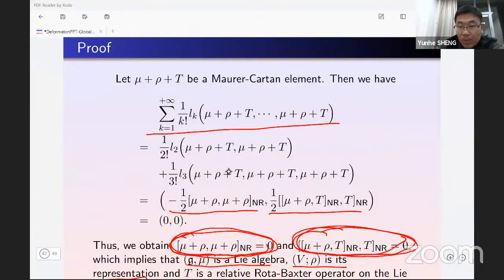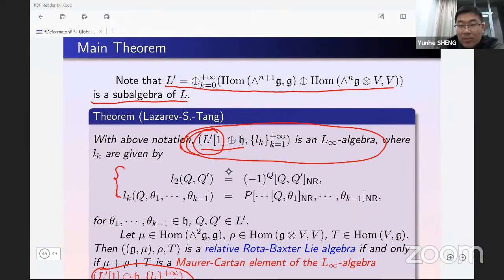So here you can see H, this space is Hom from wedge n plus 1 V to G. By definition, a linear map from wedge n plus 1 V to G is of degree n. So here, if we consider a degree 0 map in H, it will correspond to T from V to G.